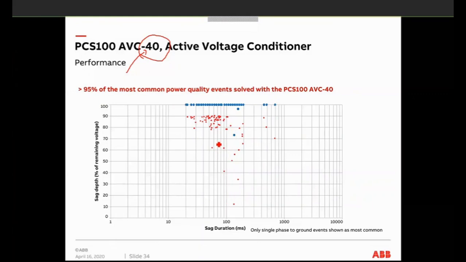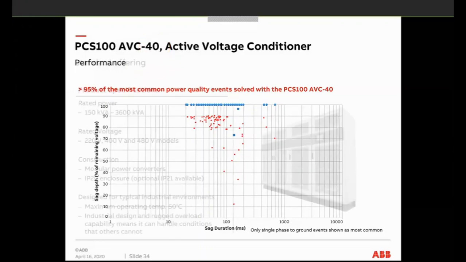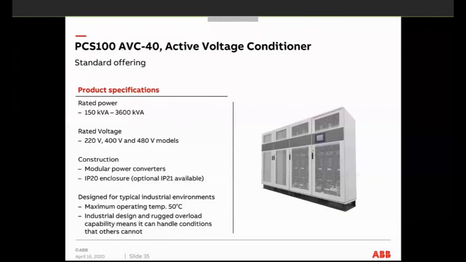All right. So just to give you an overview of our standard offering in this PCS 100 ABC 40, we have our lowest. Okay, our lowest system is a 150 kVA, and we can go up to a 3.6 MVA system.